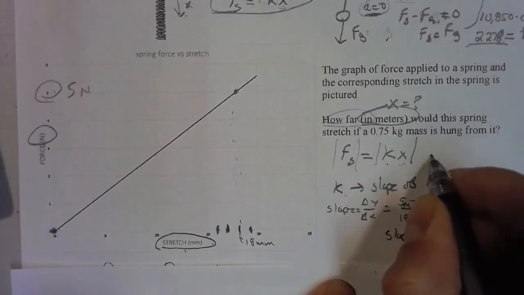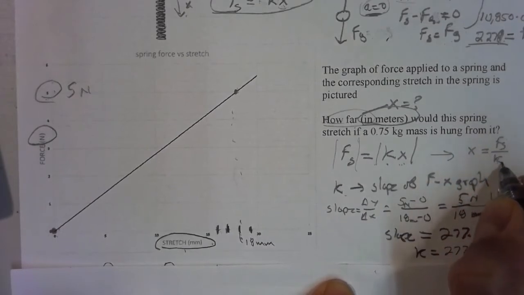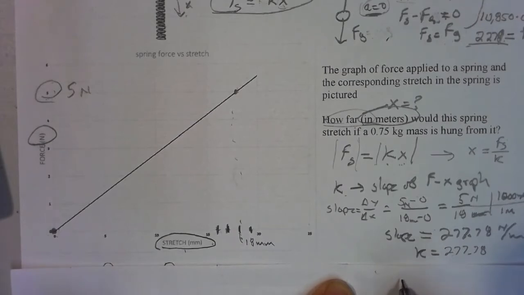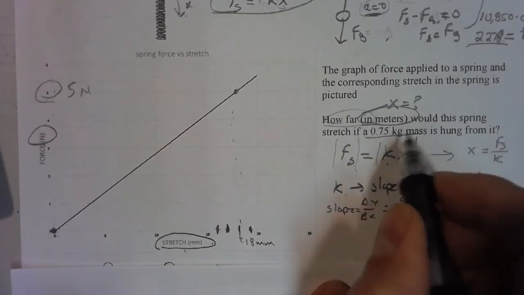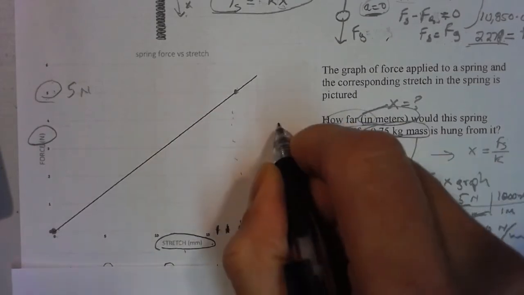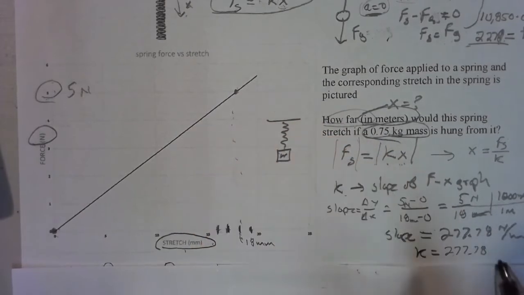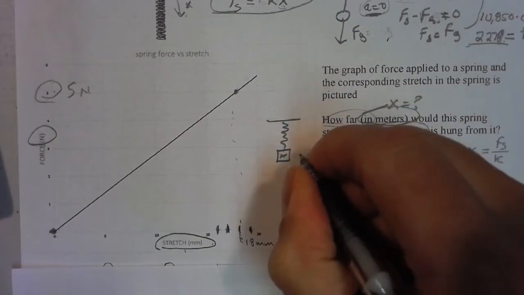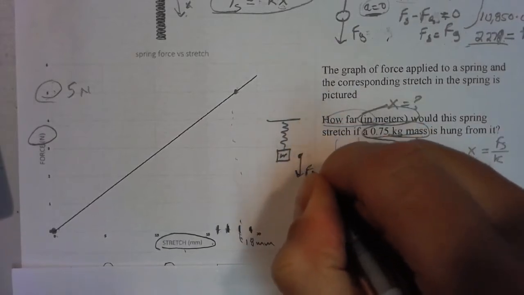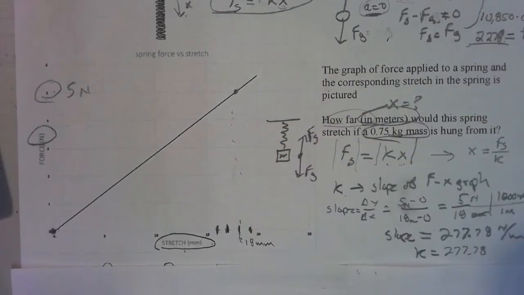So to find x, rearranging this equation up here, I get that the stretch is equal to the spring force over K. Well, what's the spring force? It tells me mass. Well, when we hang a mass from a spring, draw it right here, if we have a spring and a mass hanging on it, this has gravity pulling it down and the spring holding it up.